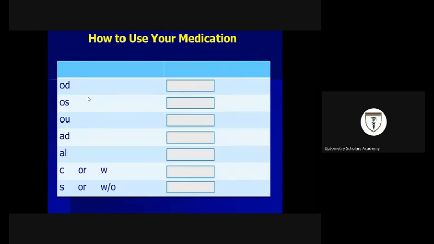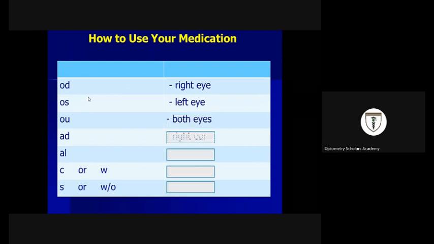Another set of abbreviations we will see in prescriptions is OD, right eye, OS, left eye, OU, both eyes. OD, oculus dexter; OS, oculus sinister; OU, oculus uterque, which is both eyes. AD is right ear, AS is left ear. It's very important. You might be asking, why are we talking about ear?